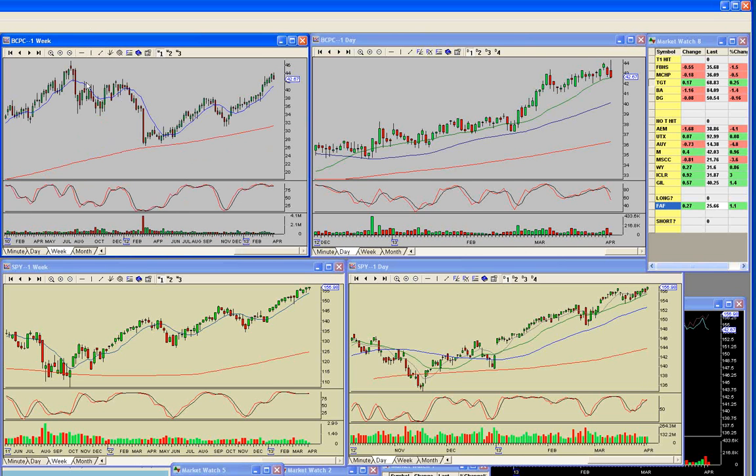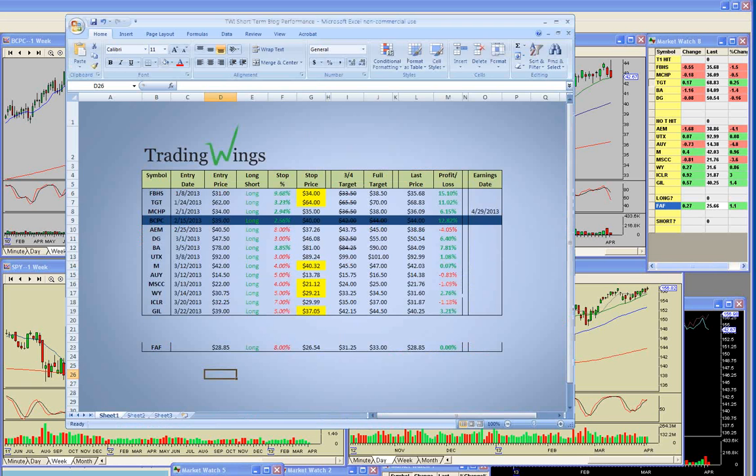And let's zoom out. There we go. And so I think we're set on that one. Maybe we'll come back to it in a few weeks once it's had a chance to pull back and relax a little bit. But for now, just another light volume name that we seem to have done well on. FBHS was the other one, normally a low volume name. So that is colored in a dark blue in the background. That just means that the position is over.